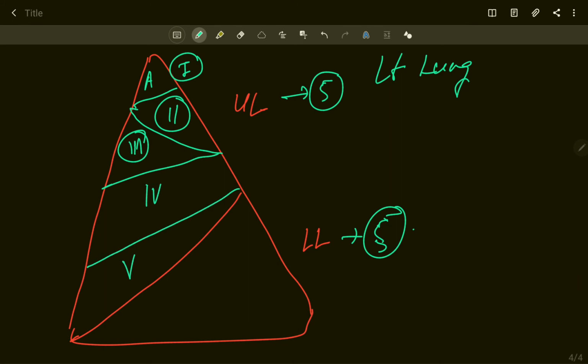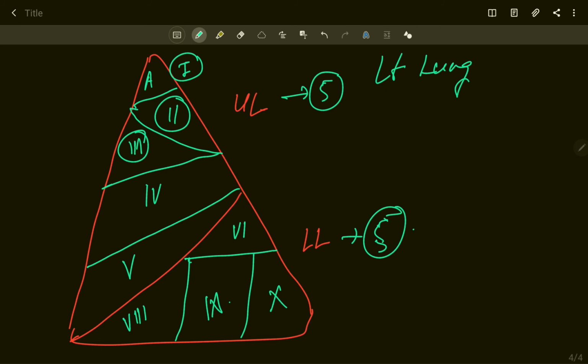Here is also your 6, and here is also 8. 7 and 8 are fused sometimes, then 9, 10.